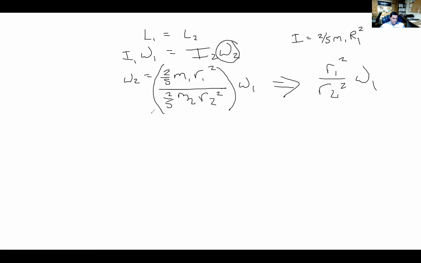We know that frequency is angular velocity divided by 2 pi. So we have r1 squared over r2 squared, f1.